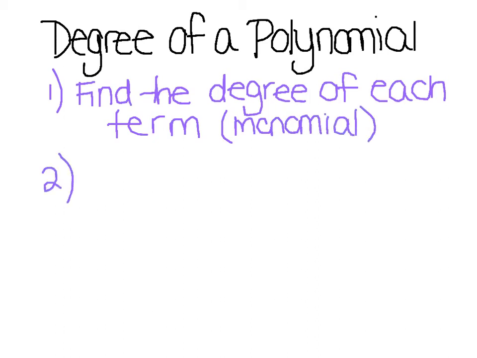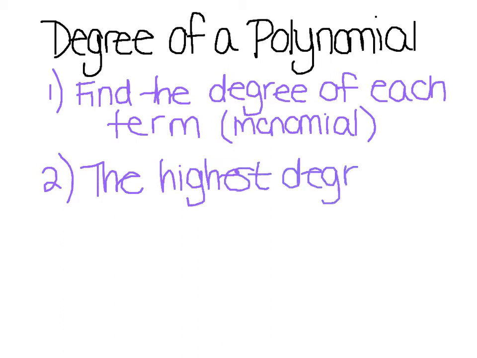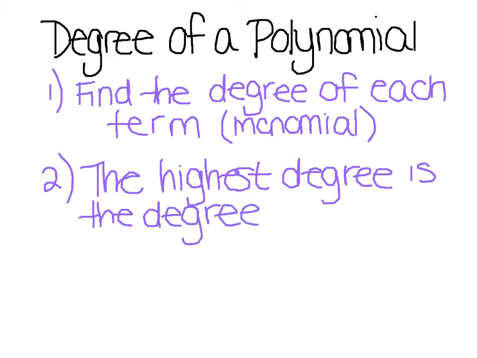Next, you want the highest degree. The highest degree is the degree of the polynomial. I guess this isn't really a step, but it's important to note. The highest degree is the degree of the polynomial.